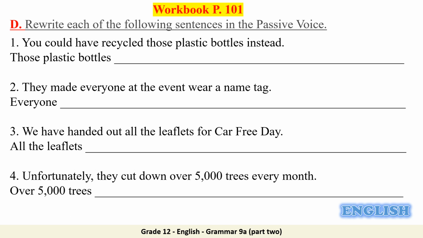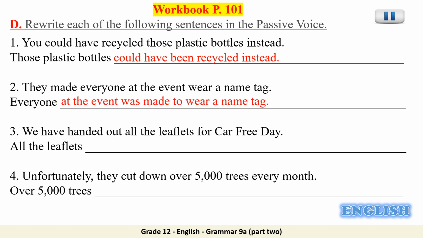Now let's go to the workbook, page 101. Do the same thing? Yes. You could have recycled those plastic bottles instead. Those plastic bottles. Where is the answer? Very good. Two. Excellent. Three. Nice. Four.